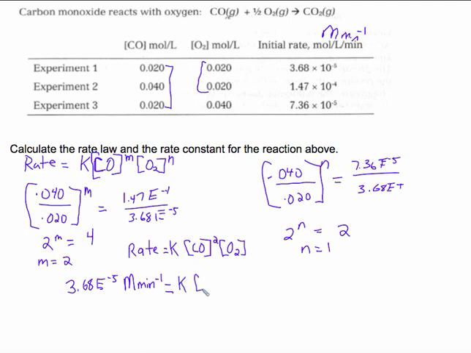That's what we're trying to solve for. So then we put the concentration of CO in there for experiment 1, which is 0.020. The units for that are moles per liter, so I'm just going to put capital M. That's to the second power because we used the rate law that we just came up with.